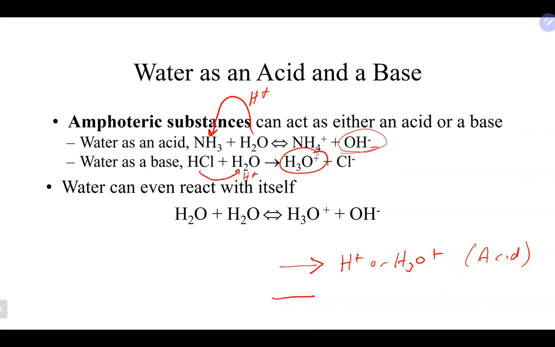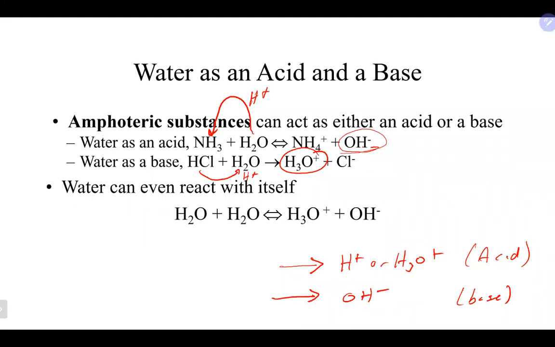If you look at the arrow and you have hydroxide on the product side, that's usually a basic type of environment. So by looking at equations, you can sometimes make a relatively good assumption as to whether you're dealing with an acid or a base based on what you see produced.